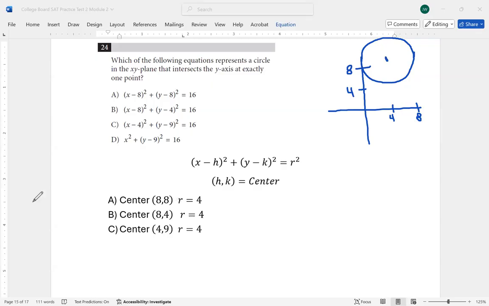Now, just to be thorough, let's take a look at option D. D would have center at 0, 9.